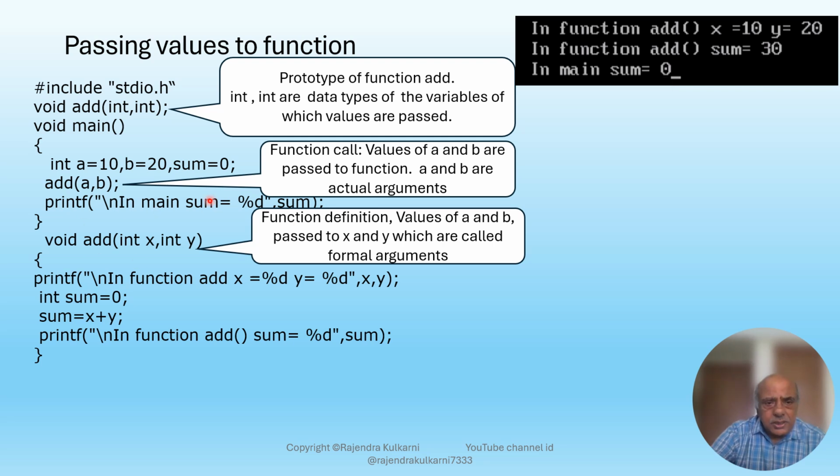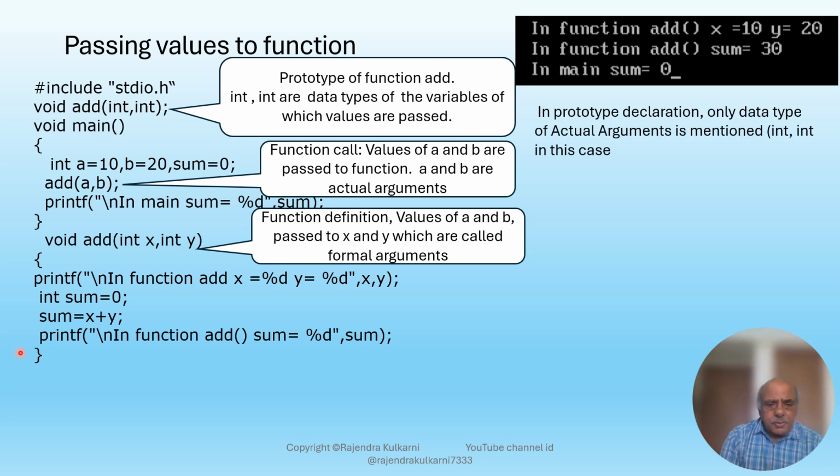Naturally, this int sum variable belongs to main, and that int sum variable belongs to function add. Since these are two different variables declared in two different functions, the sum in main will not be affected when we run this program.